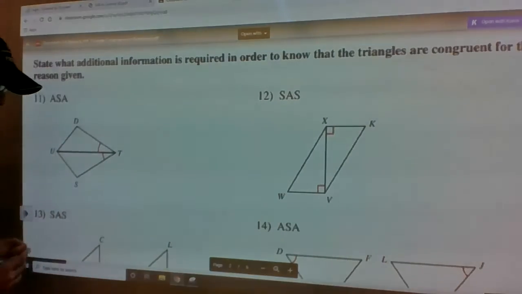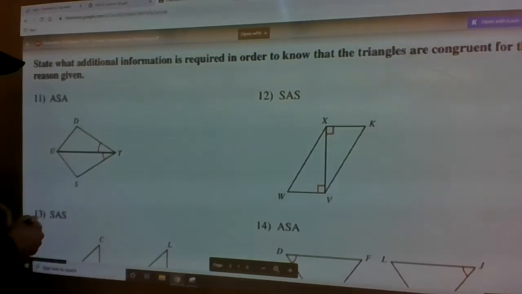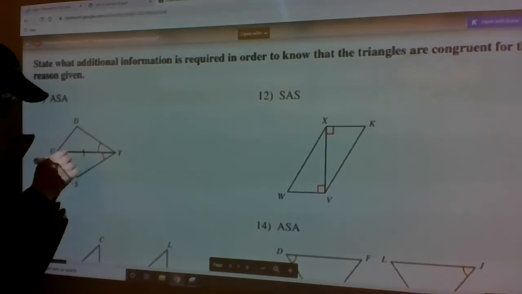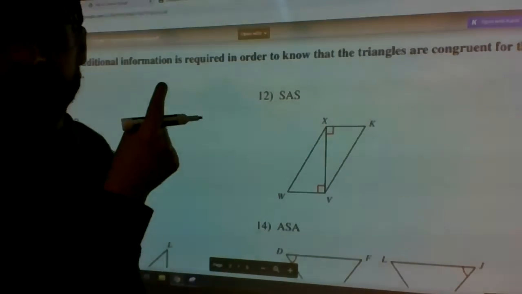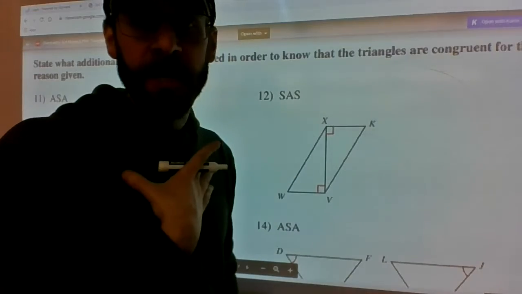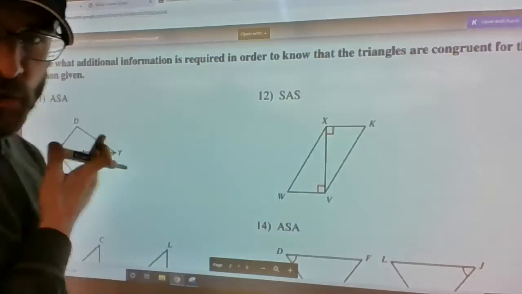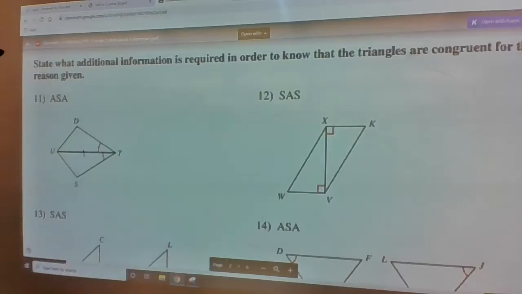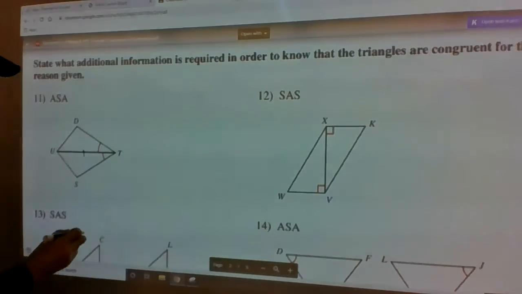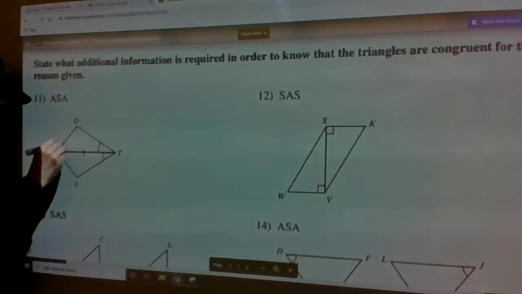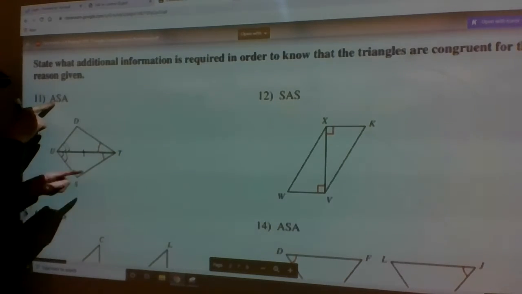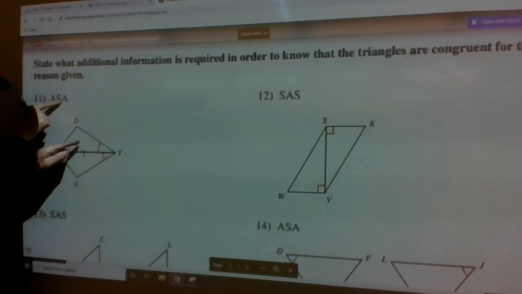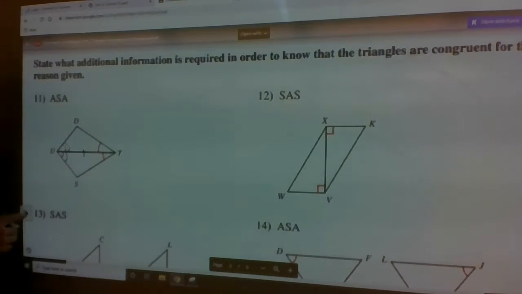So on number 1, we know that UT is congruent to itself because it shares those sides. It's not extra information that they need to tell us. It's information that we can glean from the actual diagram here. But what we do need to know is that this angle is congruent to this angle in order to create an angle, side, angle situation.